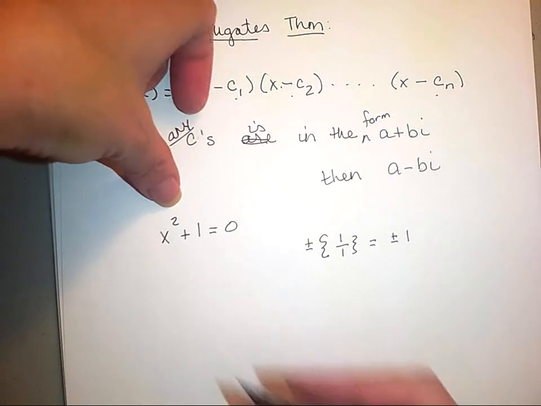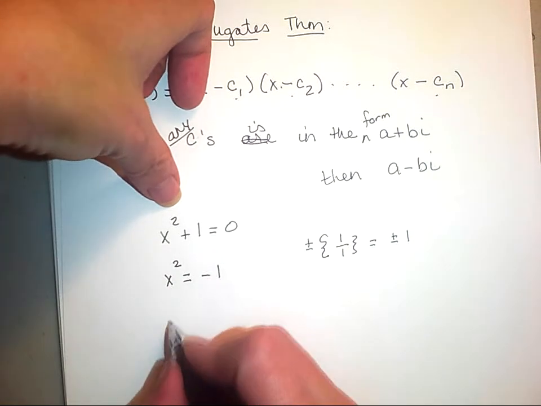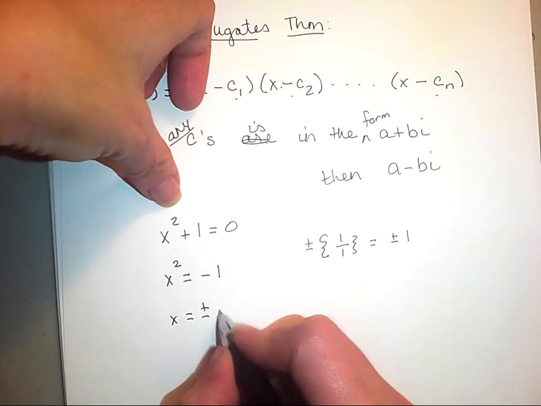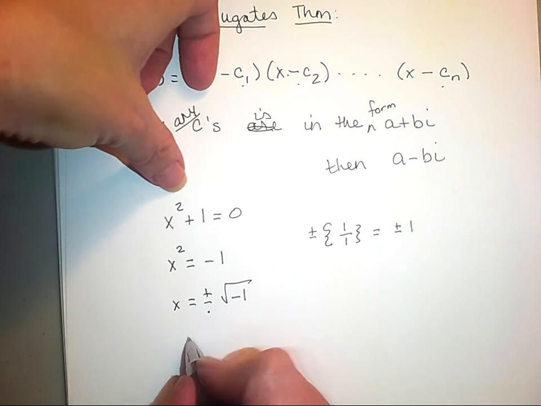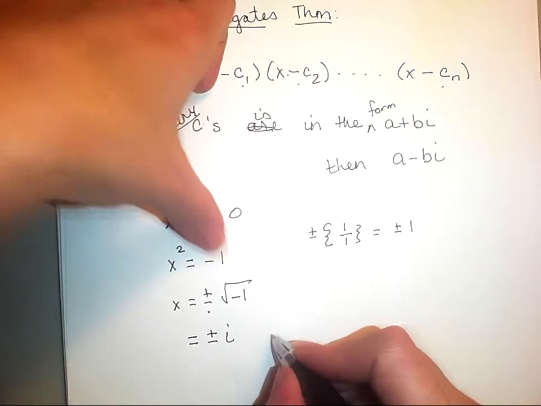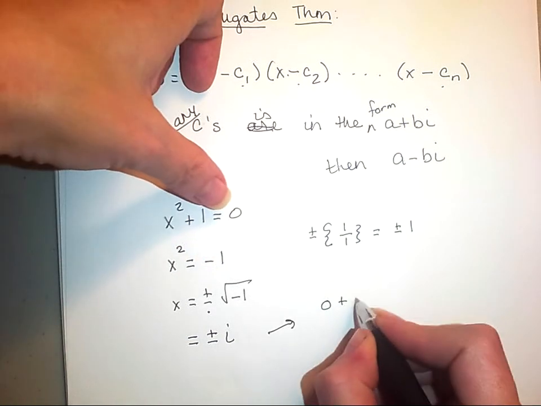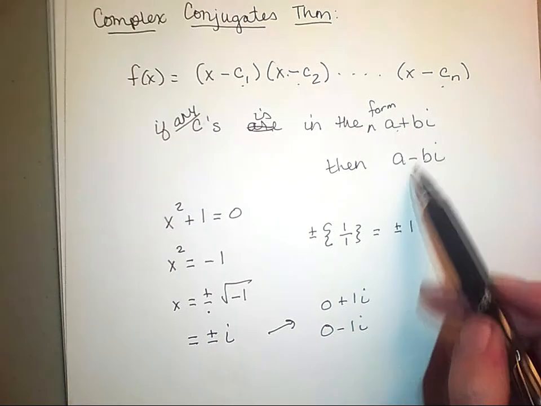So we'd see x squared is equal to negative 1, so x must be equal to plus or minus the square root of negative 1, and here's where the conjugacy comes in, which is plus or minus i. So I had something in the form a plus bi, this is just 0 plus 1i, or 0 minus 1i, but they're both there, and so this will always happen.